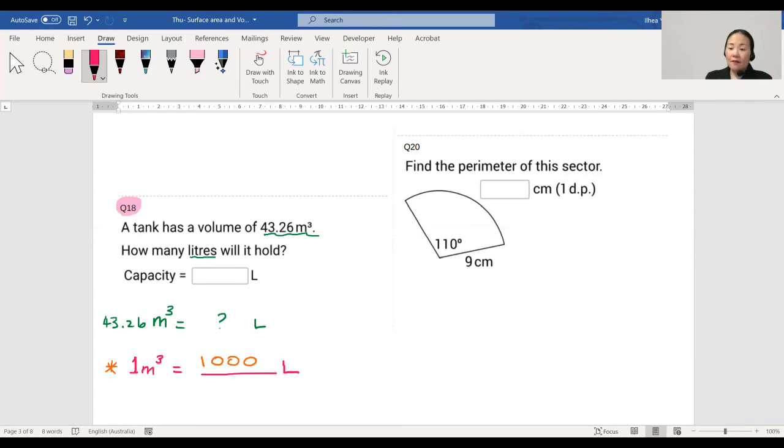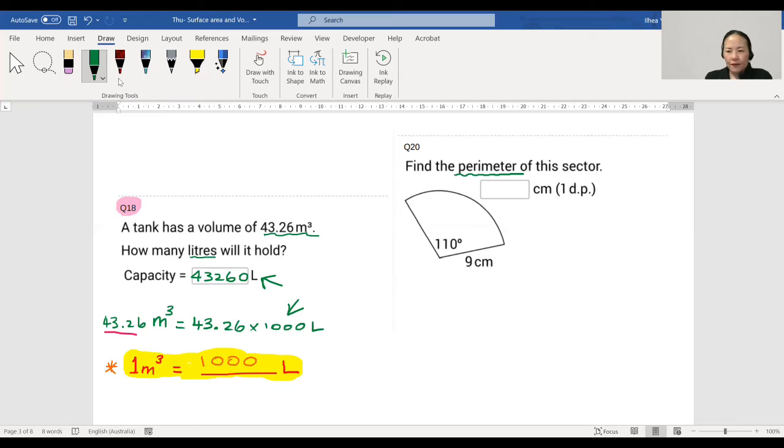So if every 1 cubic meter is 1,000 liters, how many liters is 43.26 cubic meters? You just times it by 1,000. Excellent, Kirsty. That is exactly what I would do. 43.26 times 1,000 liters. If you put that in your calculator, 43,260 liters.